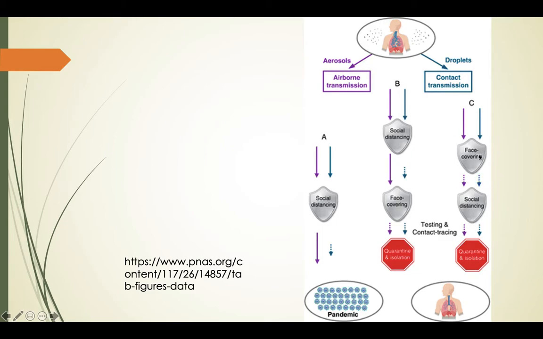Both aerosol transmission and droplet transmission are decreased by a very significant portion if people wear masks, in order to prevent any aerosol or droplet from being released to any contact surface. And provided there is social distancing, there is a further decrease in the likelihood of transmissibility, and quarantine and isolation will definitely prevent transmission from donor to recipient.